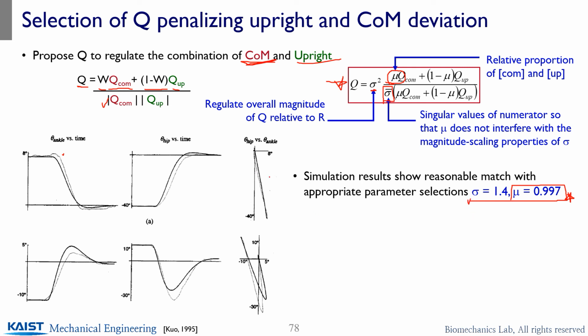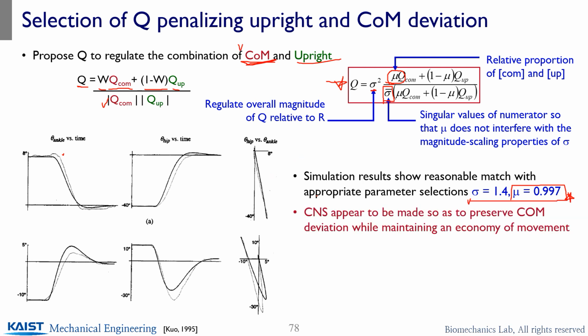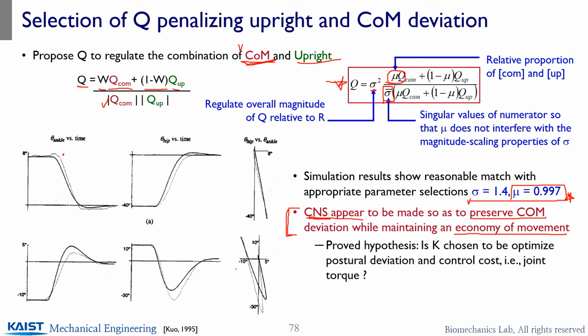So with this combination of regulation criteria, the center of mass behavior was well represented by the optimal control. And with that, we were able to describe the behavior using optimal control. What that means is it seems like your central nervous system, your brain, cares not only about the center of mass deviation, but also about the economy of movement, your control cost, your muscle metabolic cost. That's the interpretation of the result.